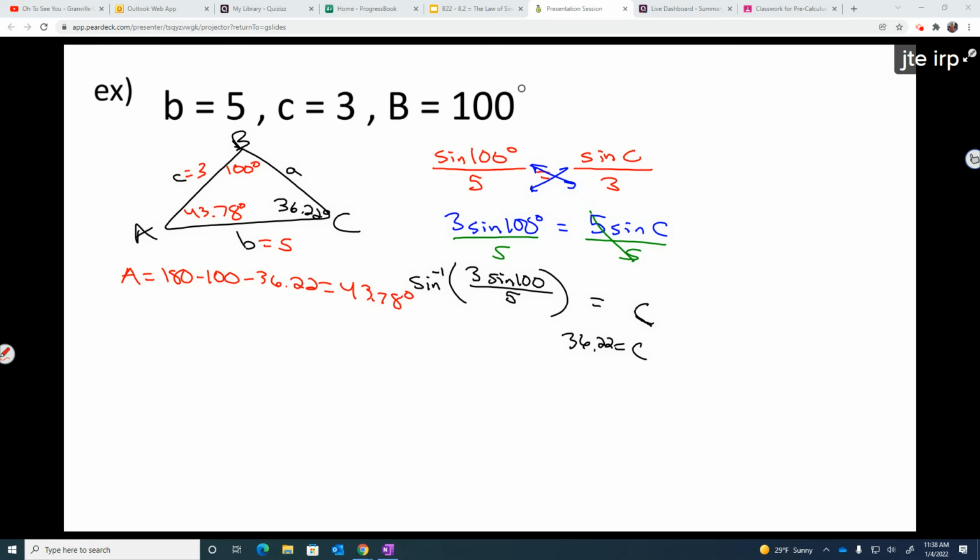And then our last step there is going to be little a, so we're going to use the same ratio we started with, just like what we did yesterday. Sine of 100 over 5 equals sine of our big A, 43.78, over little a.